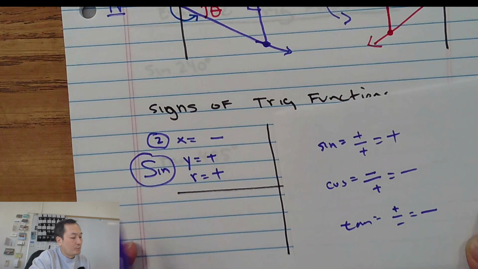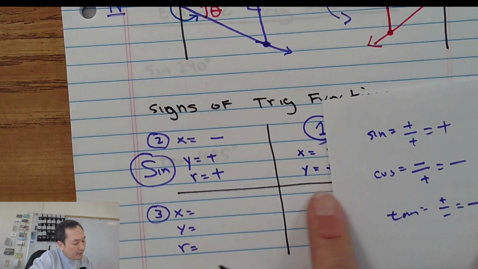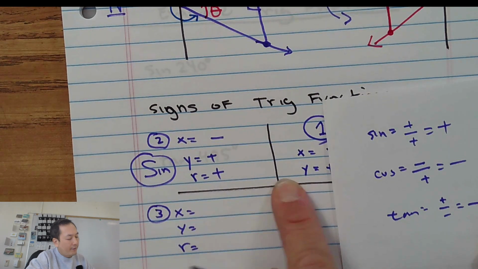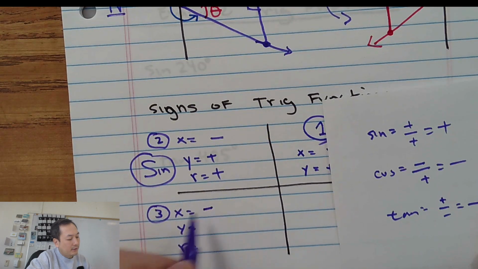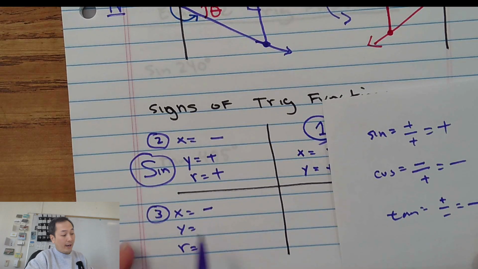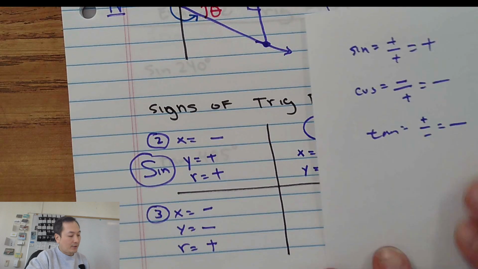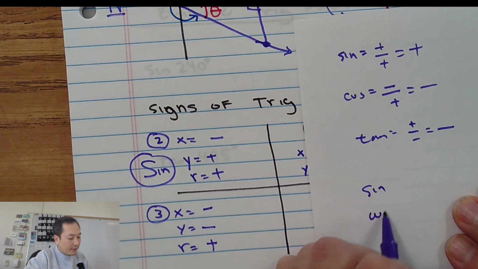Okay, in my third quadrant, x, y, and r. My x, I'm on my negative x-axis, so that's negative. Negative y-axis, so that's negative. My r is always positive. So let's go through this again: sine, cosine, and tangent.